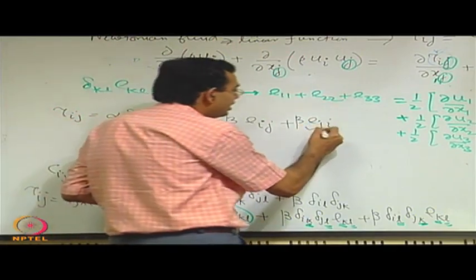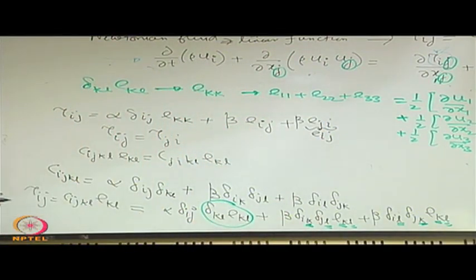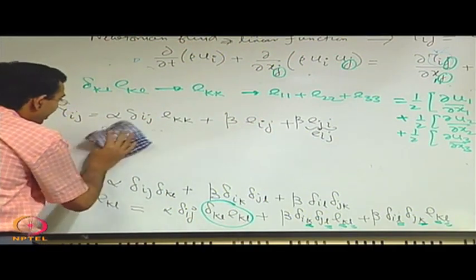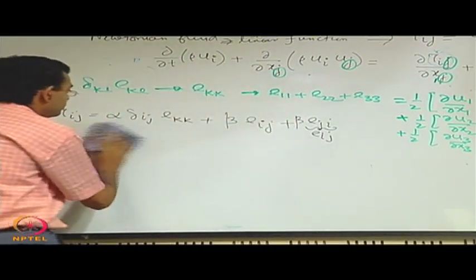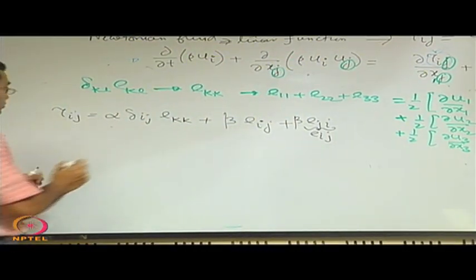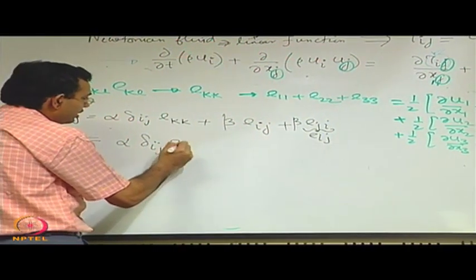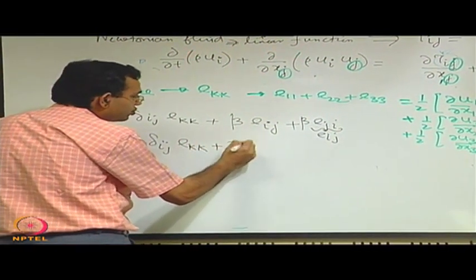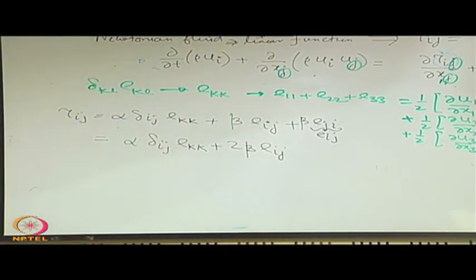So Eji is equal to Eij. That means we are able to write tau ij in the form alpha into delta ij into ekk plus 2 beta Eij.